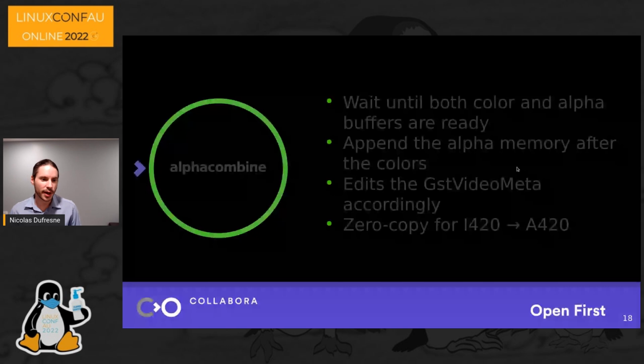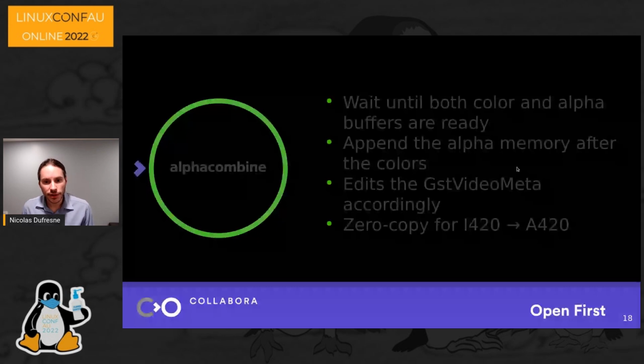So I ended up implementing AlphaCombine as a fairly simple element in the sense that it doesn't do time synchronization or timeout like an aggregator would do, because I thought it was a bit of an overhead to introduce yet another thread in this case. And because we know that there's always going to be one alpha frame for all color frames. And in fact, if there's one missing, we can signal it with a gap. We have a gap mechanism in GStreamer for that.